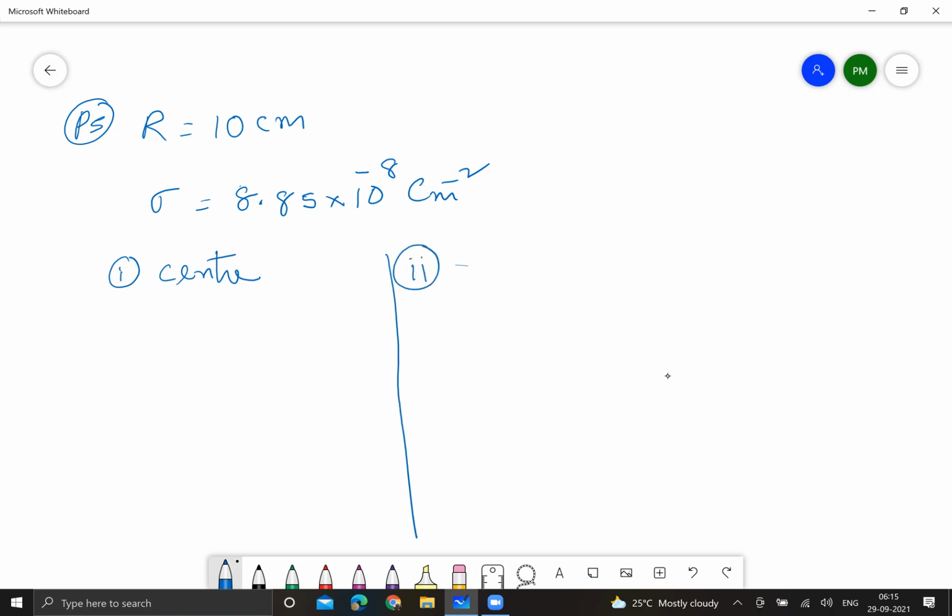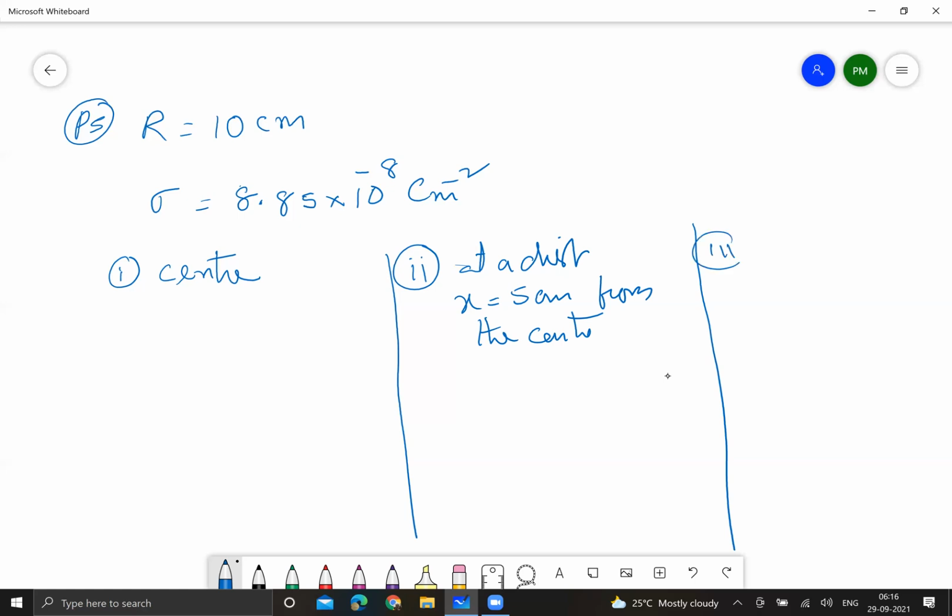Second, at a distance five centimeters from the center. Third, on the surface.